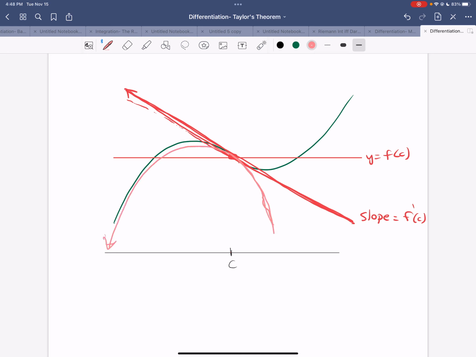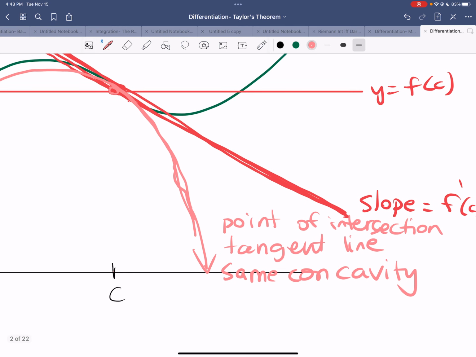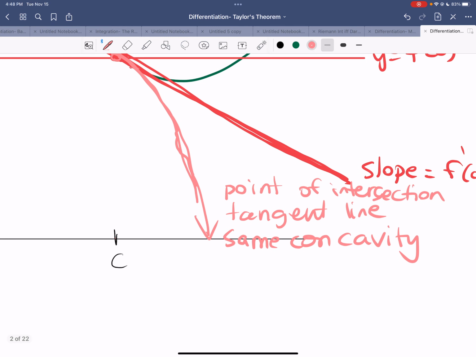Maybe this would be my parabola, and what would I want to be true about my parabola? I would want the second derivative to match up so that they have the same concavity. I would want the same tangent line, the same point of intersection, and the same concavity, right? When we talk about concavity, we're talking about second derivative.